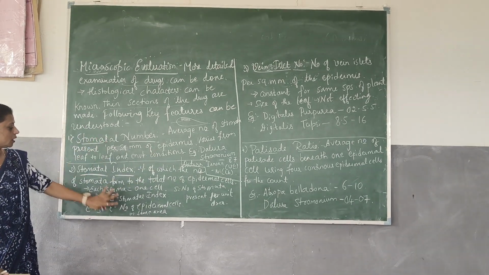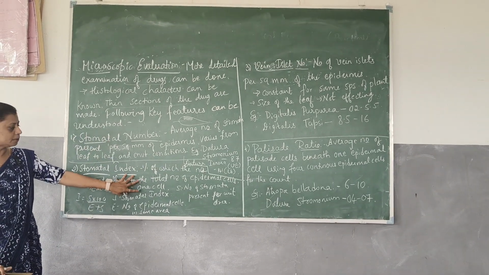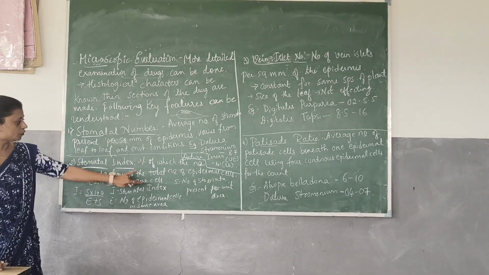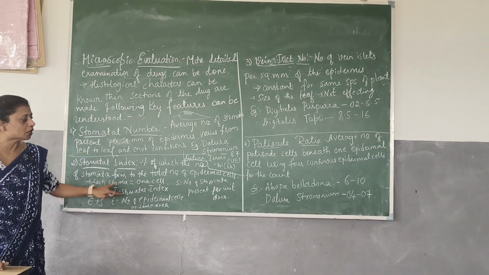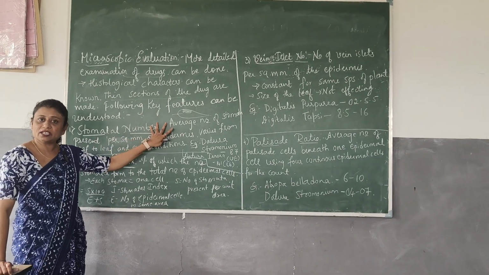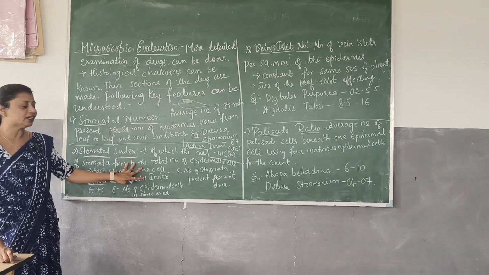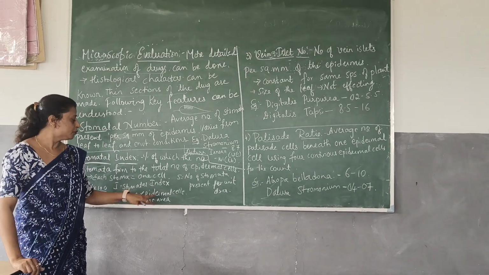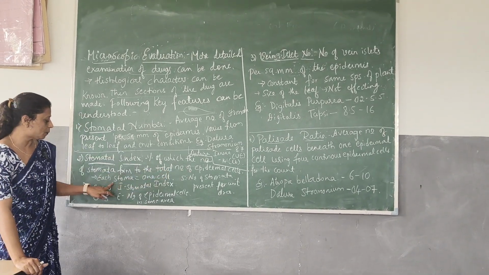Next, after stomatal number, we go for the stomatal index. Stomatal index means the percentage which the number of stomata form to the total number of epidermal cells. In stomatal number, the number is considered, and in stomatal index the percentage is considered among the total number of epidermal cells.